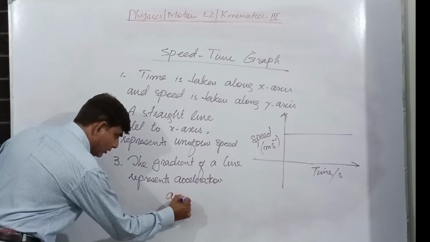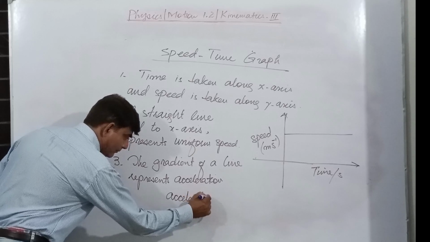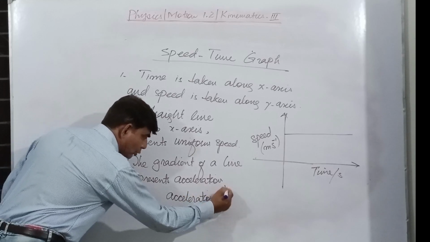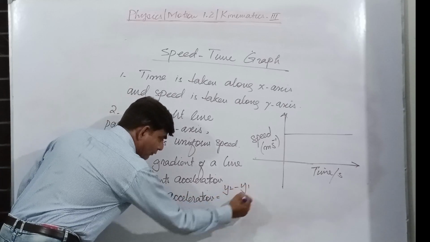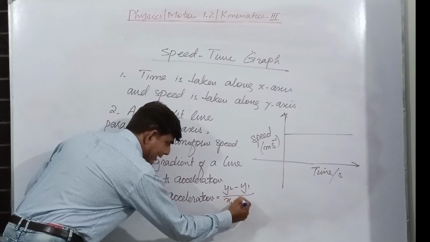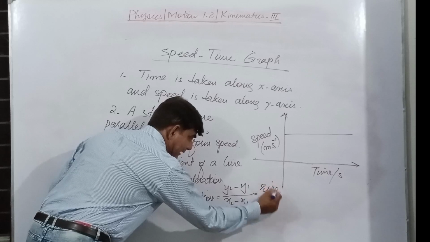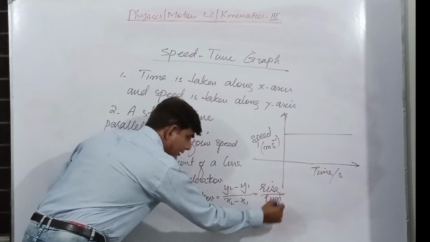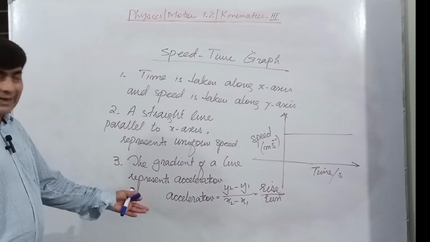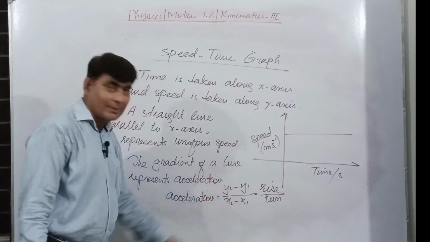So we can write acceleration equals y2 minus y1 upon x2 minus x1, or rise upon run.